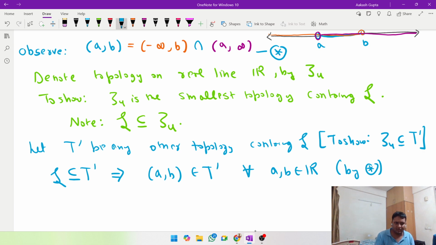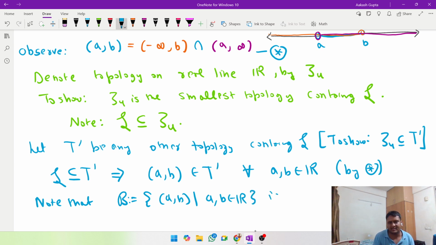Another observation: note that the collection script B, consisting of (a, b) with a, b in R, is a basis for the real line R, so a basis for the topology tau u. So what you have established, that's it, is that this script B is actually sitting inside tau prime.